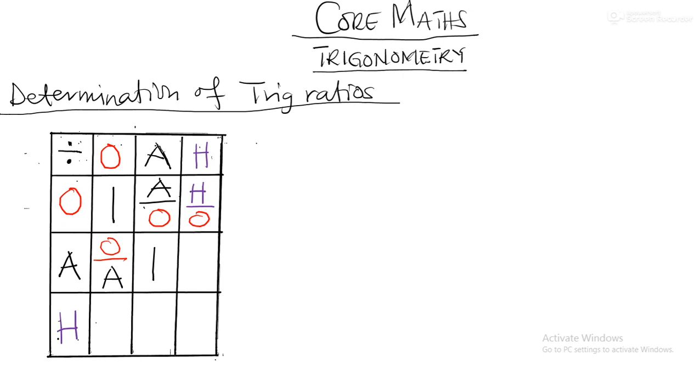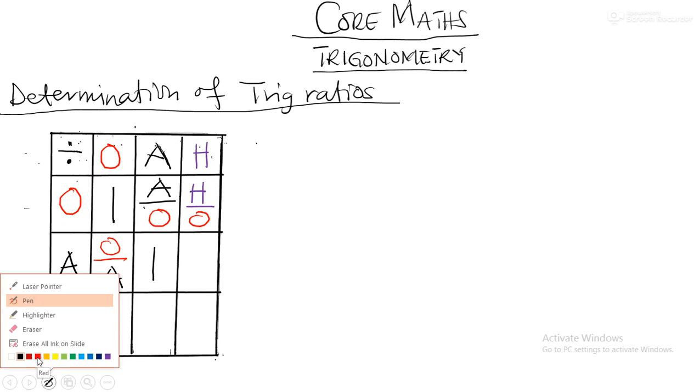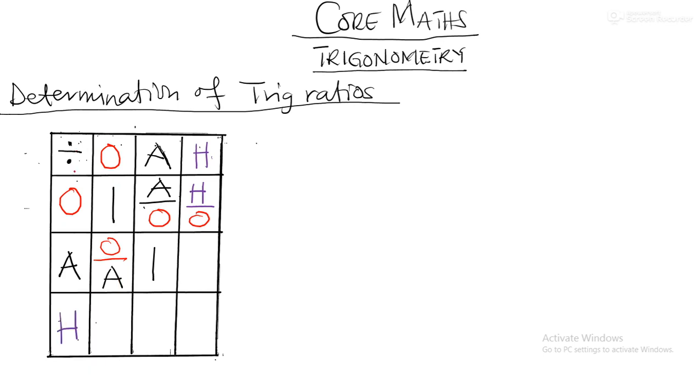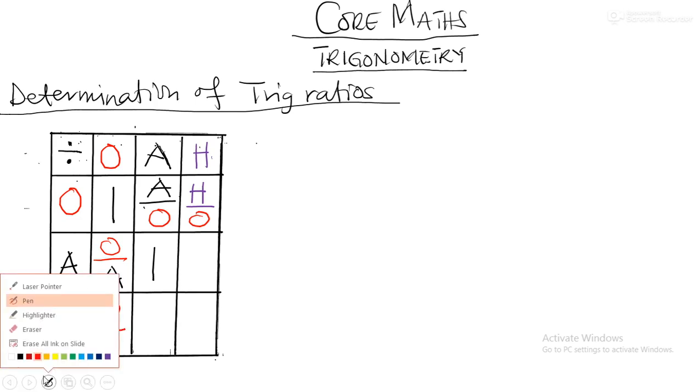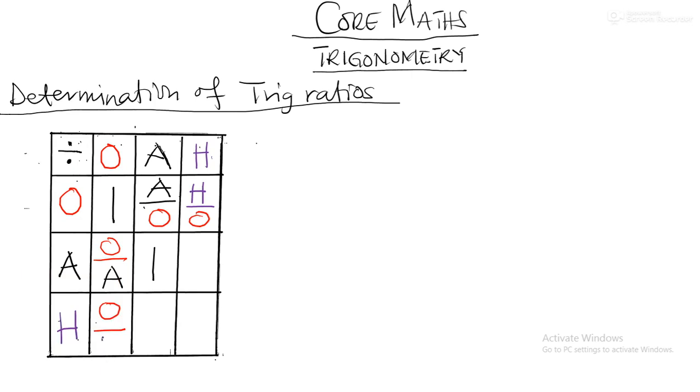Okay, so let's continue. Filling it up, we are going to have this one, O divided by H. So we are going to have O divided by our H, which is this. Then this one will be A divided by H. Let me write this one first.